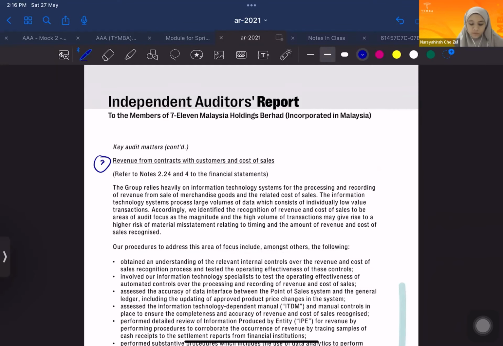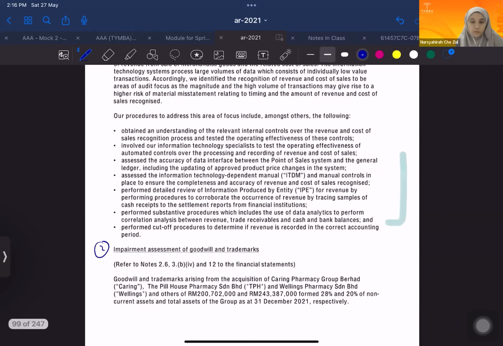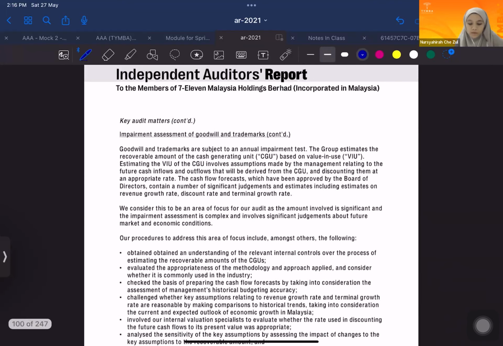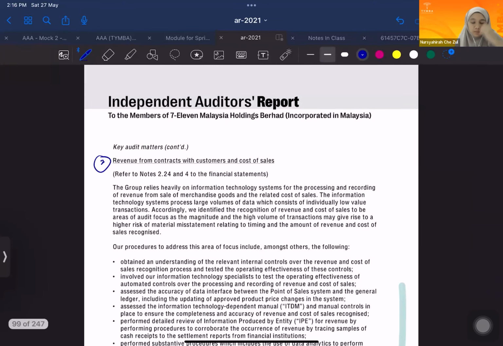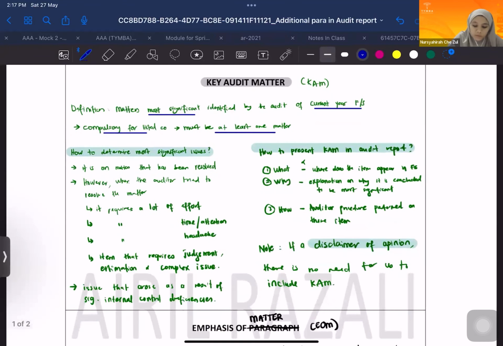Revenue from contract with customers and cost of sales. Number 3, impairment assessment of goodwill and trademarks. That's it, 3. They highlight 3 matters which we consider to be the most significant for the current year audit. This is the guideline on the left side for how to determine the most significant issues. This is most important.